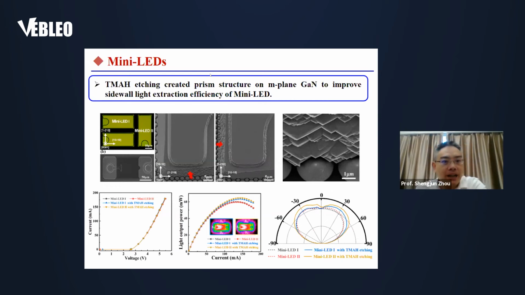Tapered isolation trench with an oblique angle of 46 degrees was obtained using a combination of a semi-reflow photoresist mask layer and plasma etching, enabling conformal interconnection metal layer coverage across the tapered isolation trench in high voltage LED.